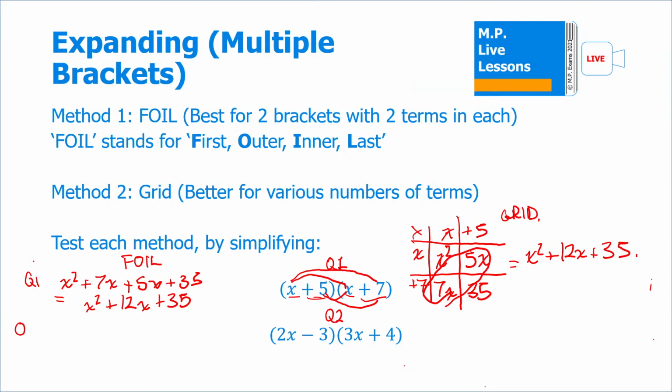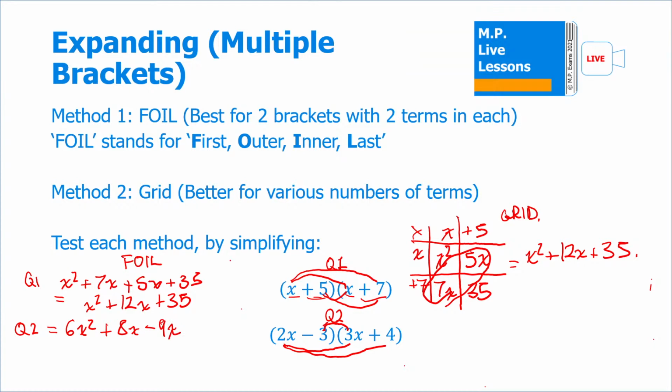Okay, for question 2, we'll use FOIL again. So our first are here, 2x times 3x, this gets us 6x squared. Our outer, 2x and positive 4, so we get plus 8x. Our inner ones, -3 times 3x, this gets us -9x.